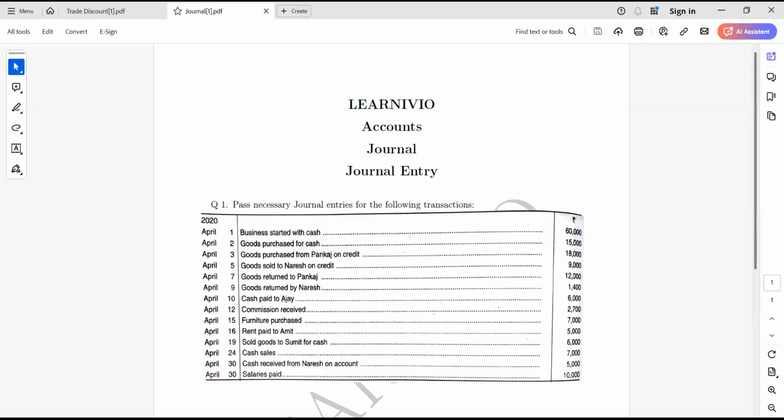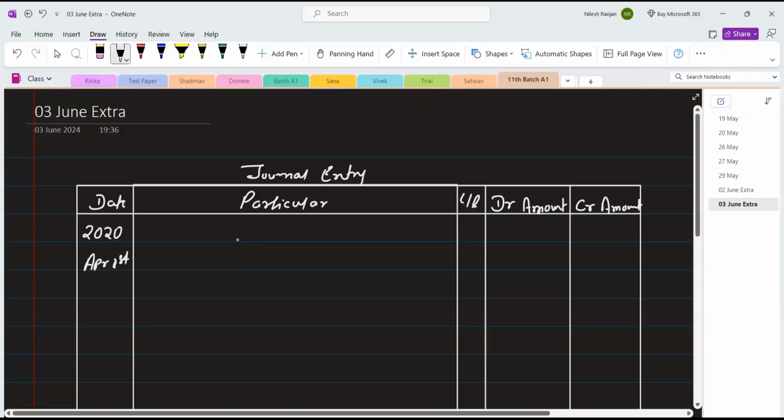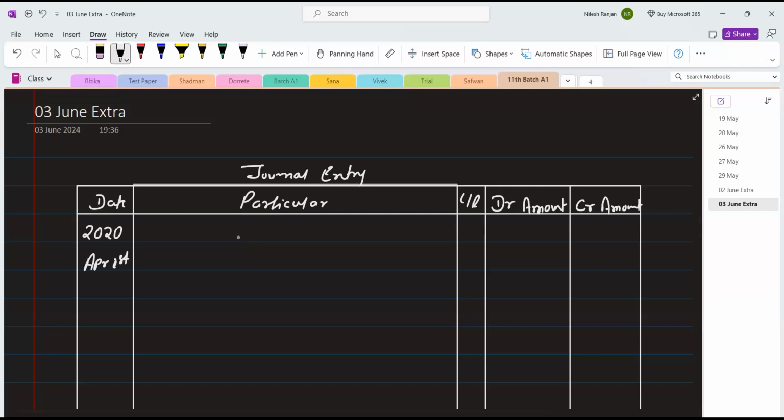The transaction is: business started with cash. So here the owner is giving cash into the business. So cash is coming, cash account debit to capital account.